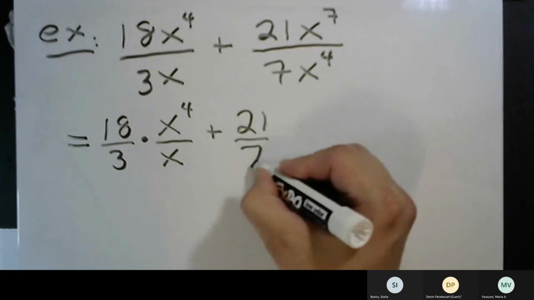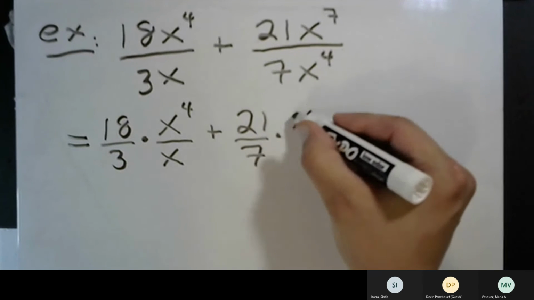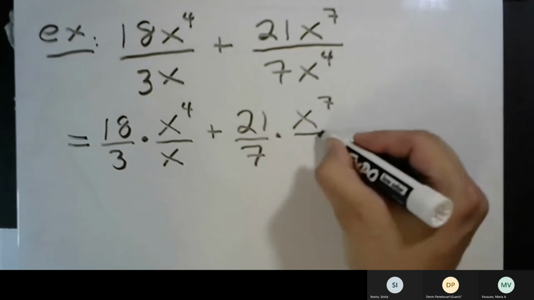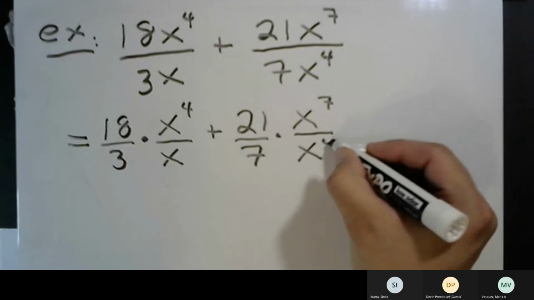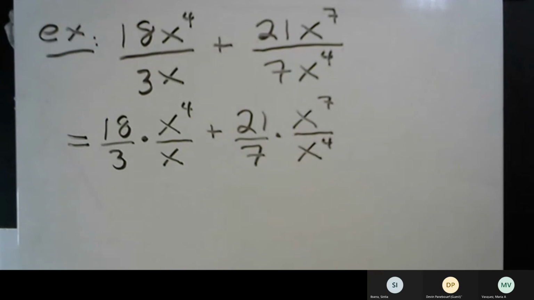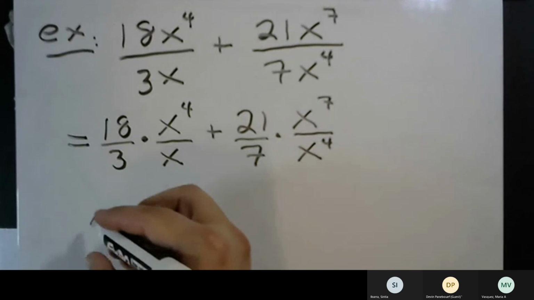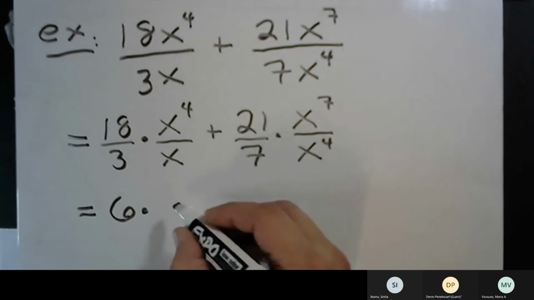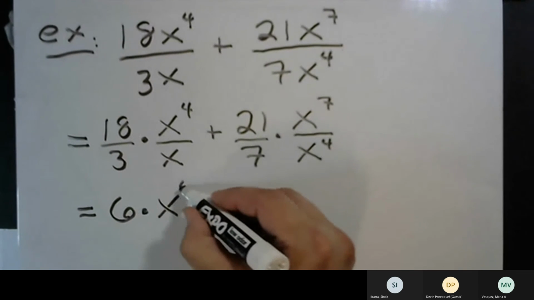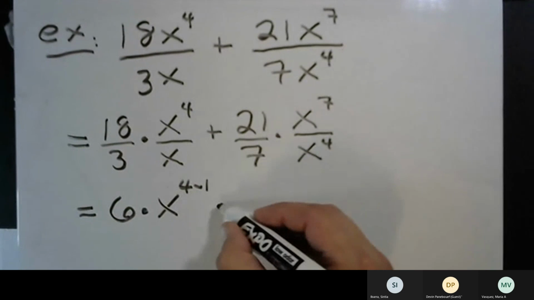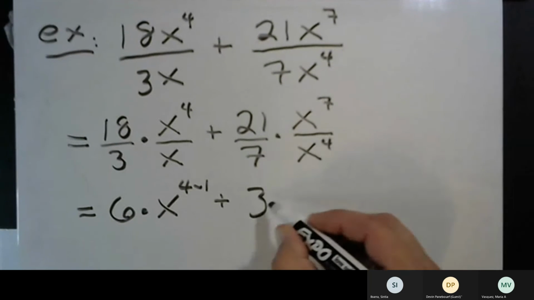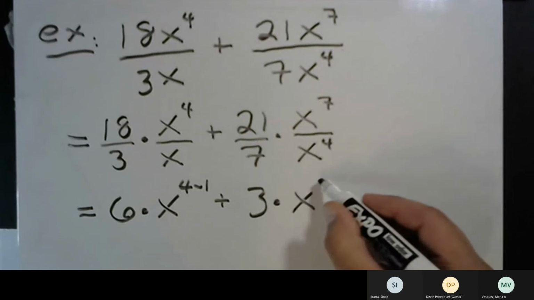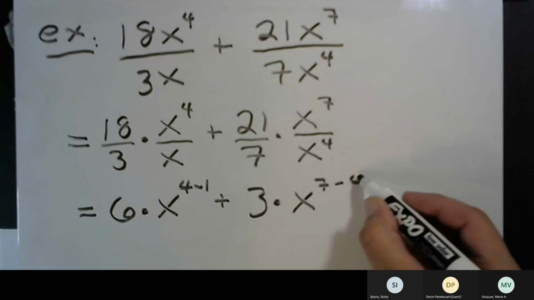When you get faster at this, it's okay to skip some of the steps, but you want to be careful. Don't skip too many, don't skip too soon. Only when you feel you're ready. So this will be 6 times x to the 4 minus 1, and 3 times x to the 7 minus 4.